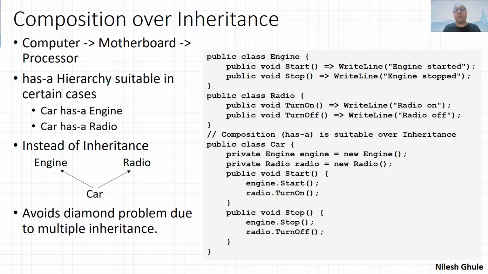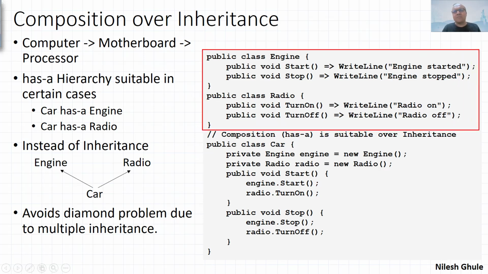In this typical example, I have talked about an engine and radio class with some very basic-level methods. And then I have written a car class. In that car, we have two objects composed, like engine and radio. When we start the car, I'm intending to start the engine as well as the radio.